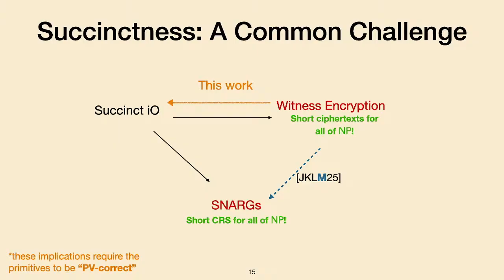And if you want to fully close this triangle, we have to make this additional assumption that the snarks have unique proofs. If you do that, then this work by Chakraborty, Prabhakaran, and Wichs implies witness encryption. So you can actually get a 3-way equivalence triangle here, which is pretty cool. So somehow, you can actually go from unique snarks to succinct I/O as well.